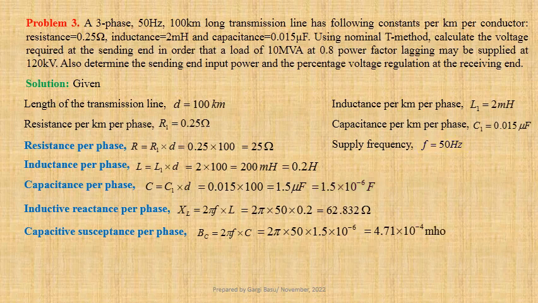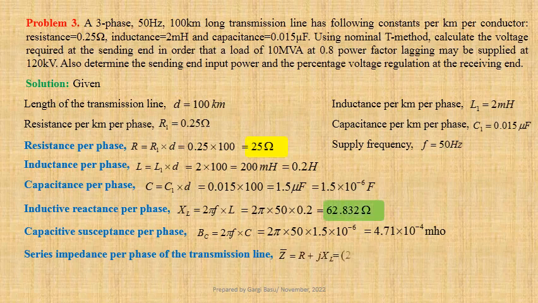Now we shall determine series impedance per phase of the transmission line. Z equals to R plus JXL, that is equal to 25 plus J times 62.832 ohm. This may be written in polar form as 67.623 ohm at an angle 68.3 degree.